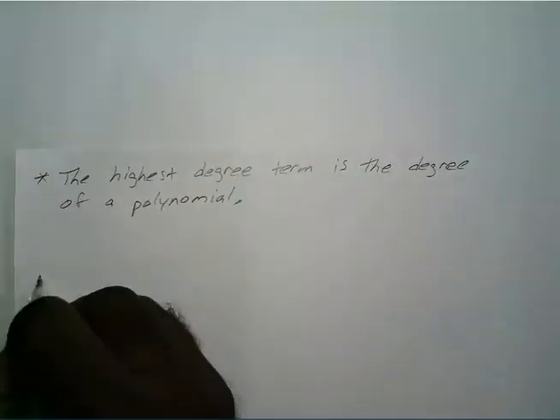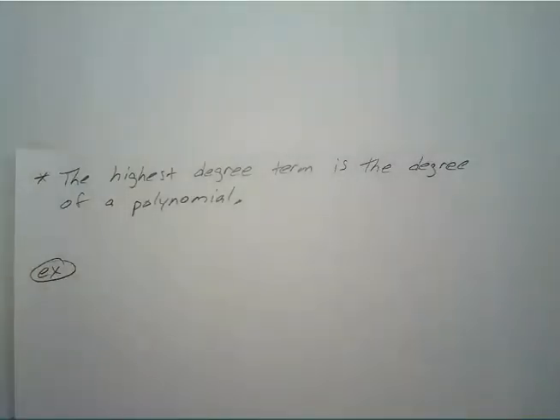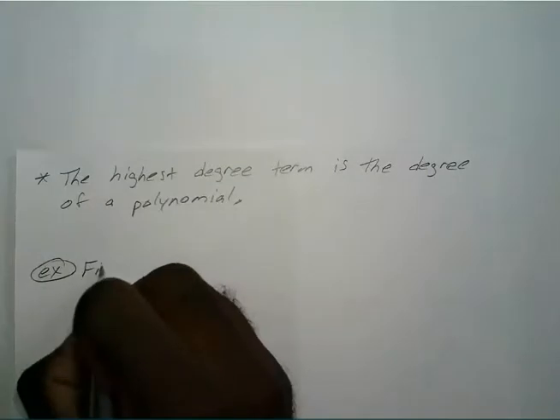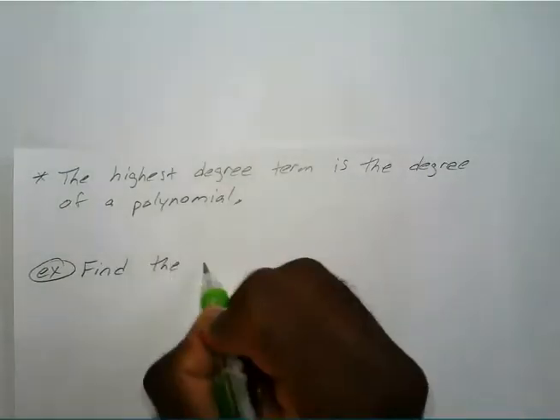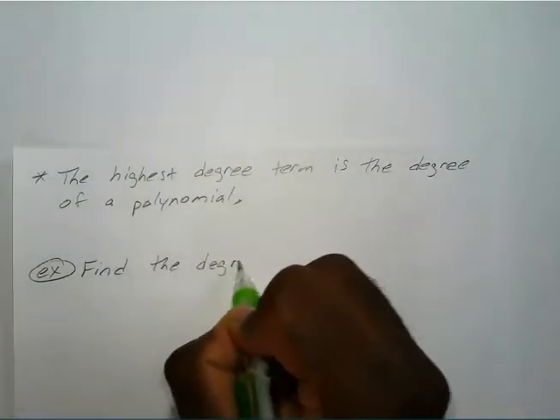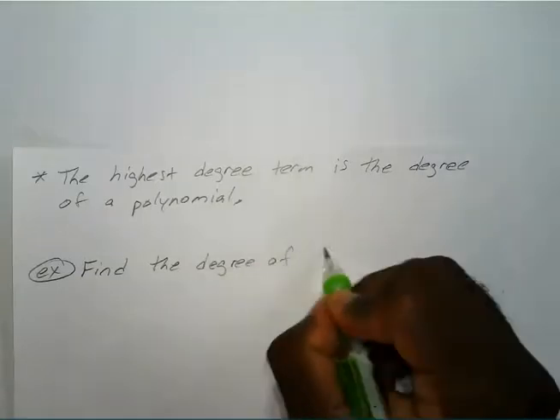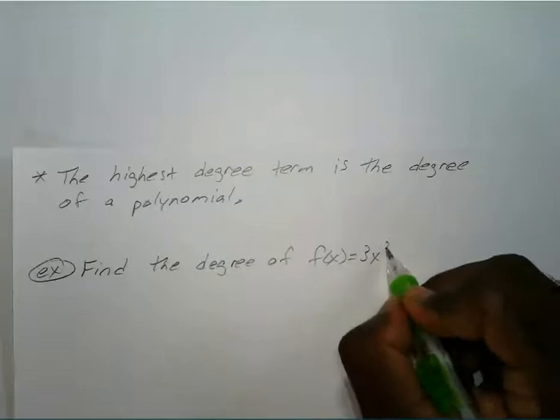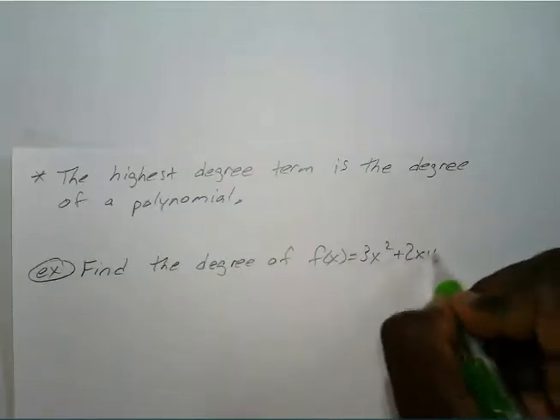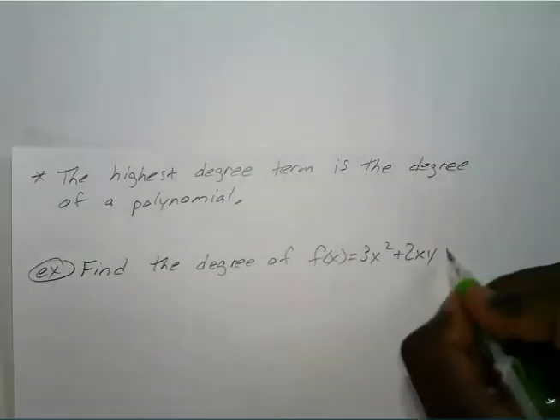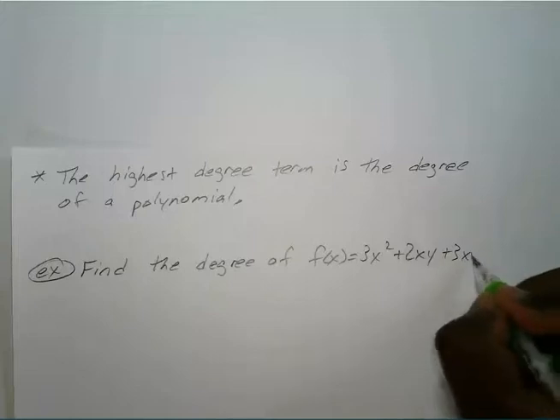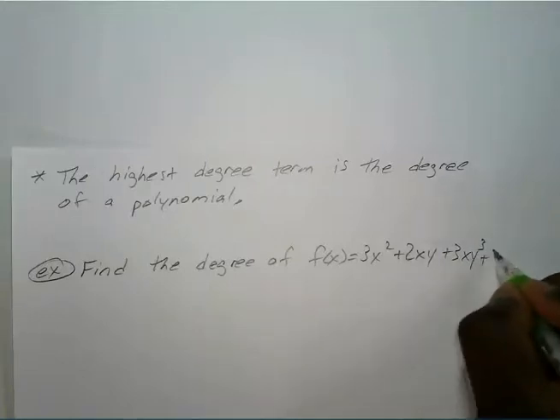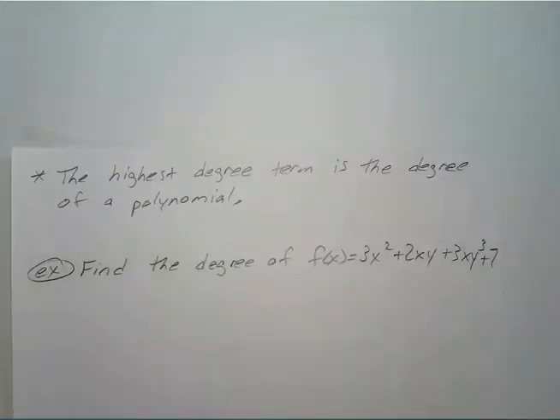For example, what if we wanted to find the degree of, let's say, f of x is equal to 3x squared plus 2xy plus 3xy to the third plus 7.